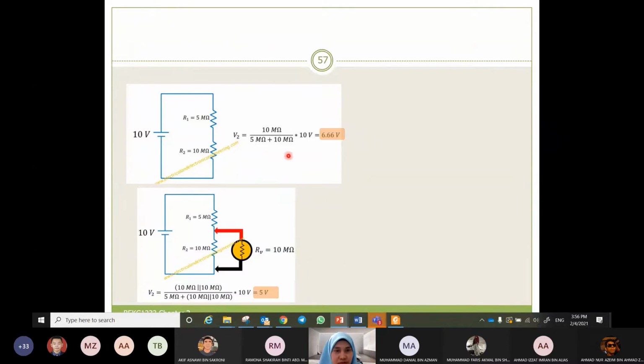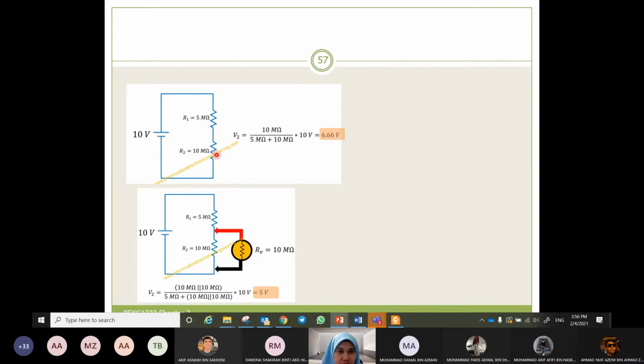So consider this figure. We have 5 mega and 10 mega connected in series. So actually, V of R2 can be calculated as this. What principle is this? Voltage divider principle, voltage divider rule.